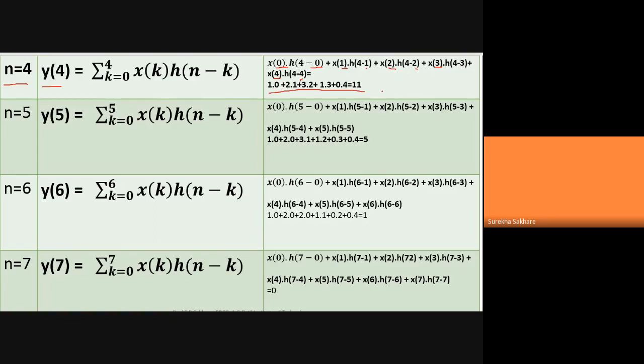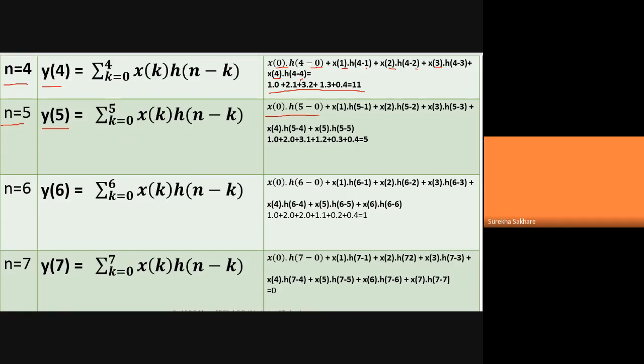Now here I don't have the values of the signal. Now n of 5 means y of 5, n value is 5. The same formula will be modified for values of k as 0, 1, 2, 3, 4 and 5.